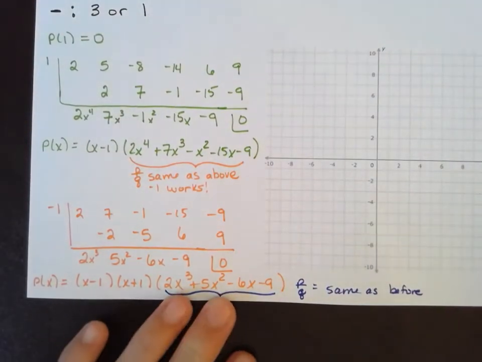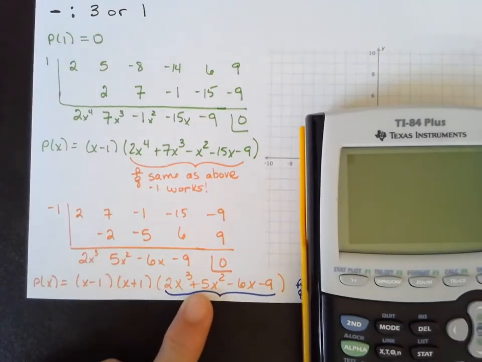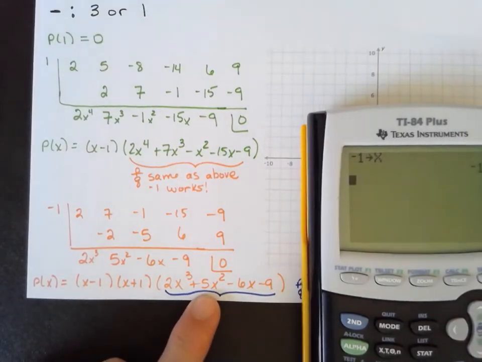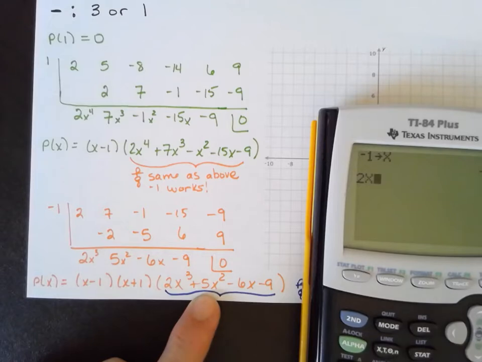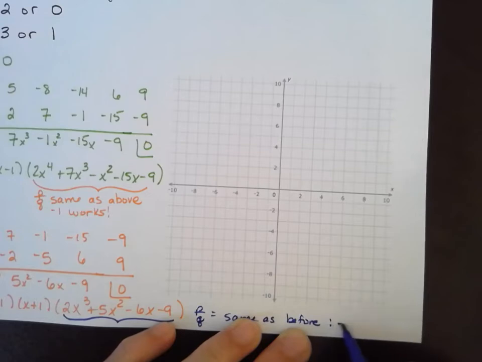So let's try -1 for this part of our function. We get 0. So we find out that -1 works again.